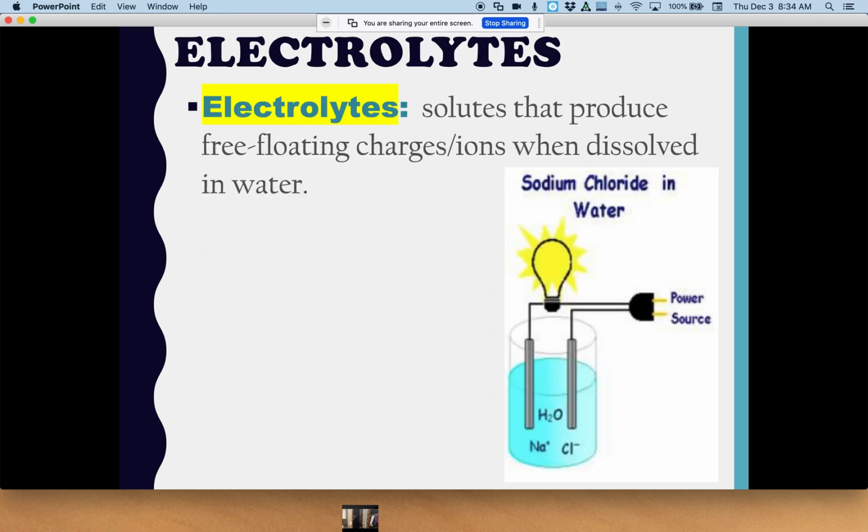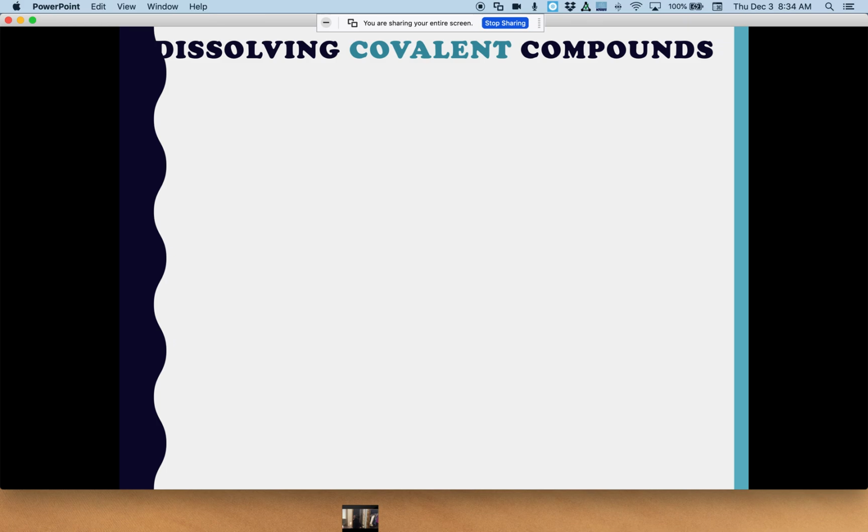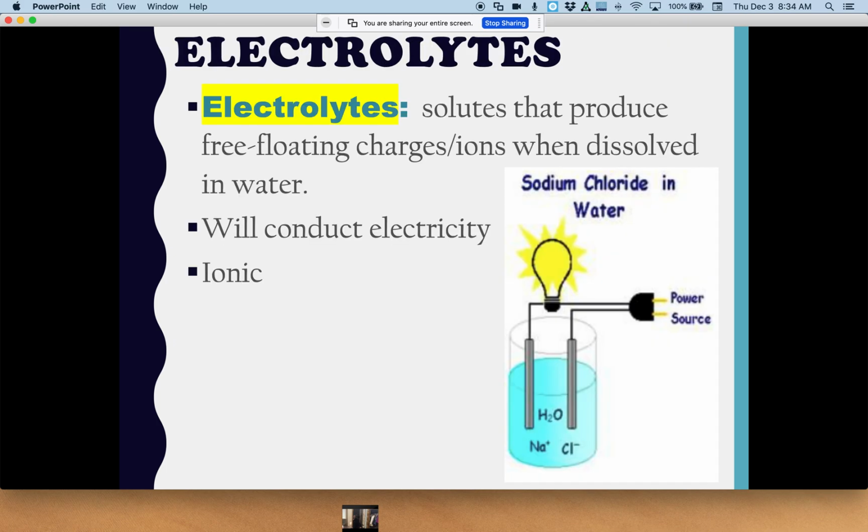This is why you should never be in a bathtub and throw a toaster in, because you will electrocute yourself, because there are free-floating ions in there. There are charges that are able to move from point A to point B, and that is what we call electricity.